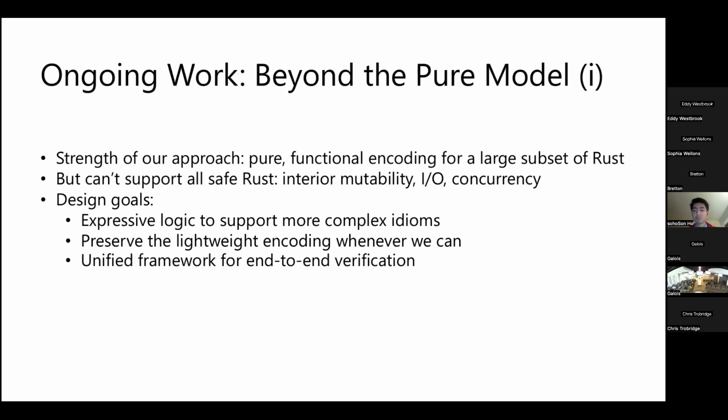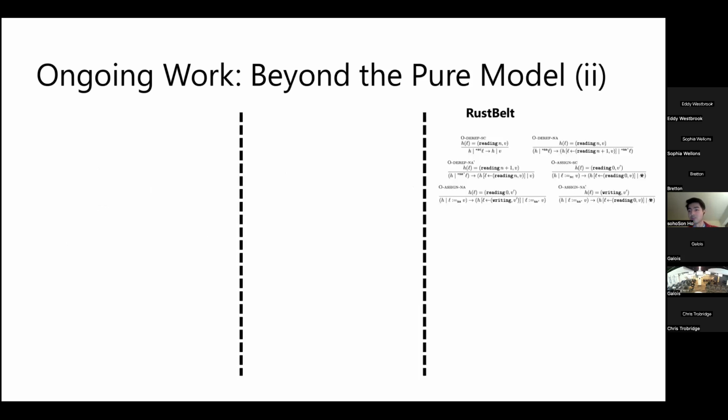And finally, we want to find a way of having a unified framework for end-to-end verification. Now, when it comes to verifying very expressive Rust programs, there is an approach which proved to work well, which is to use separation logic. And this was shown by the RustBelt project, which introduced a very expressive logic to reason about very tricky programs which combine, for instance, unsafety and concurrency.